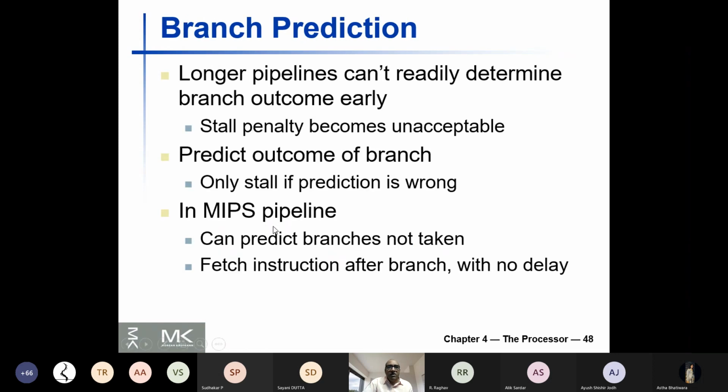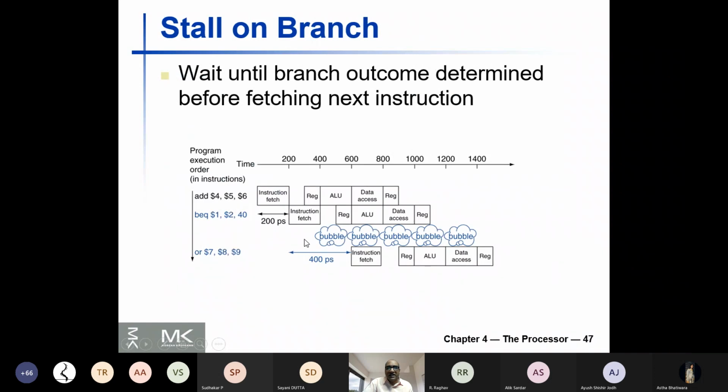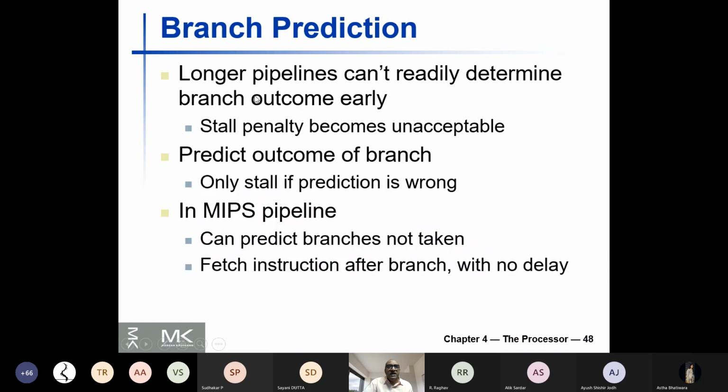And how do we avoid even this one cycle stall? You can do it by using branch prediction. It means that whenever the branch instruction is there, you predict whether the branch is taken or not. If the branch is not taken, the following instruction will be fed.